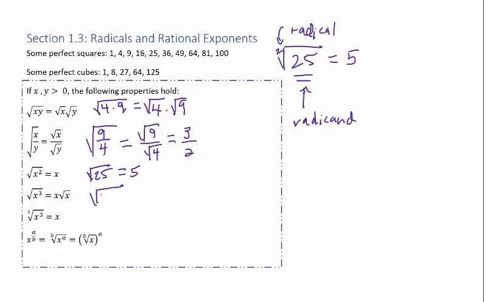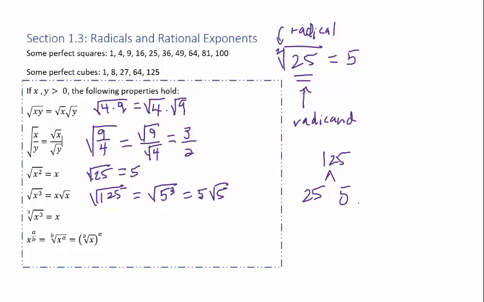Okay, so a numerical example of that: the square root of 125 is the square root of 5 cubed. So how can we simplify that? X in this case is 5, so we have one 5 on the outside, and then one 5 left under the radical. Now the reason why we can do that, and we'll do that throughout this lesson, is 125 is the product of a perfect square, 25, and another factor of 5.